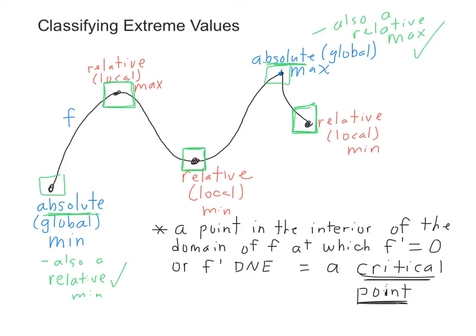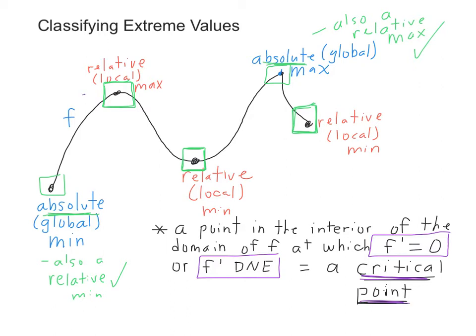Okay, so let's take it a step further and look at a very important definition of a term called a critical point. This is a term that you'll see over and over again in this course. So, any point that is in the interior of the domain of a function, so any point within the inside of our function where the derivative is either equal to 0 or the derivative does not exist, is known as a critical point.